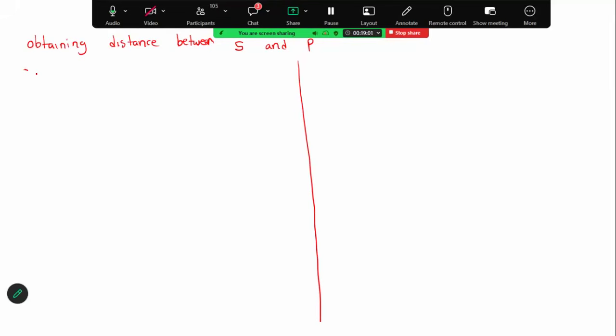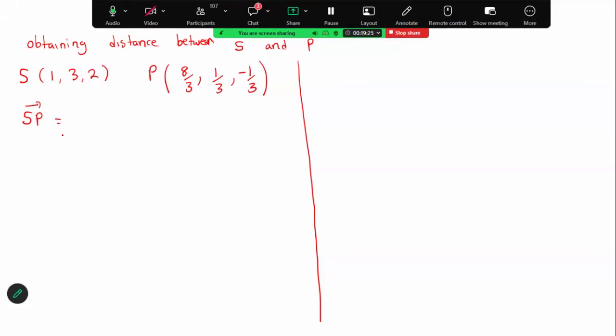So we have our point S, which is (1, 3, 2), and we have our point P, which is (8/3, 1/3, -1/3). So to obtain our distance, SP is the same as our vector S to P. So first find out what is SP before you go on and find the distance.